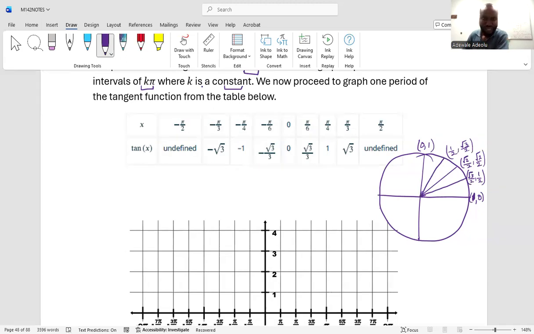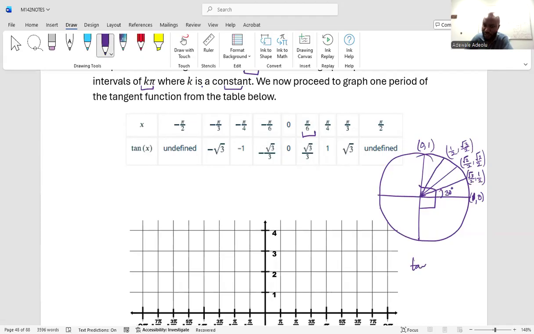Okay, now I want to graph from -pi over 2 to pi over 2, right? I want to graph from here to here. Remember how I can get negative angles? Okay, so now I just want to show you one of them. Say pi over 6, which is 30 degrees.